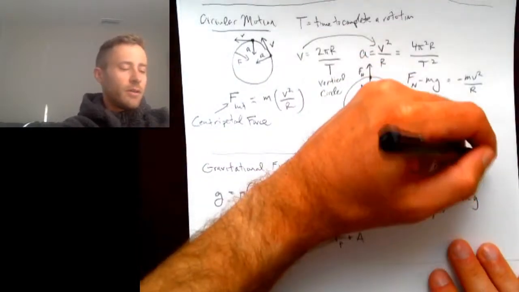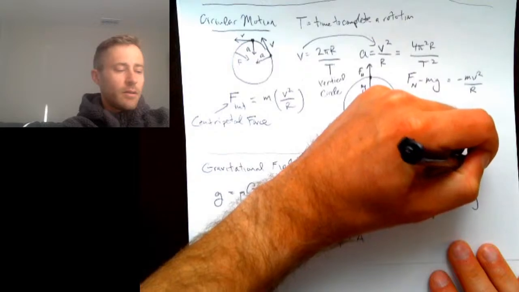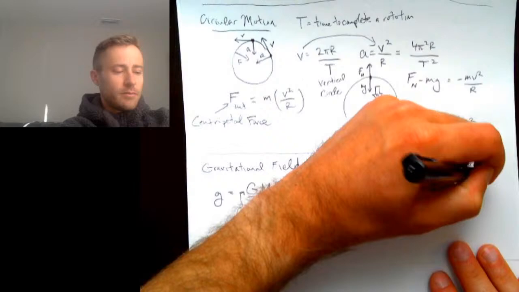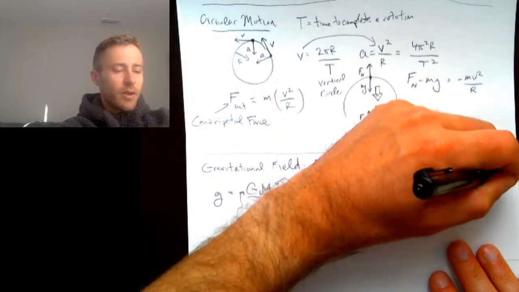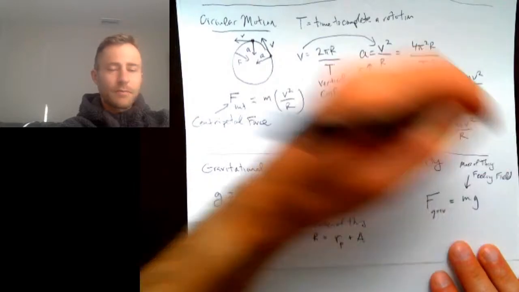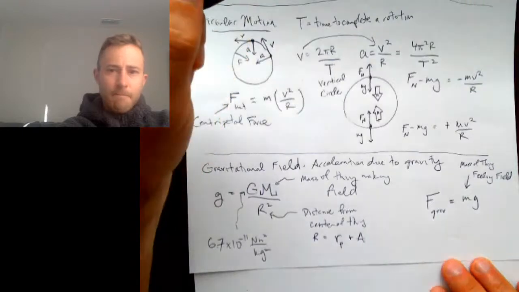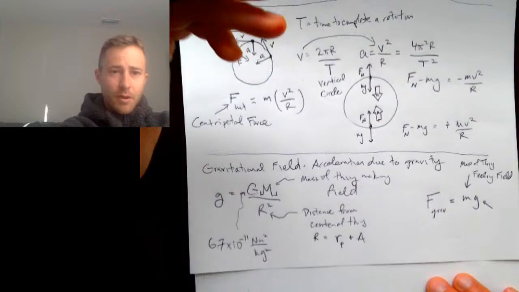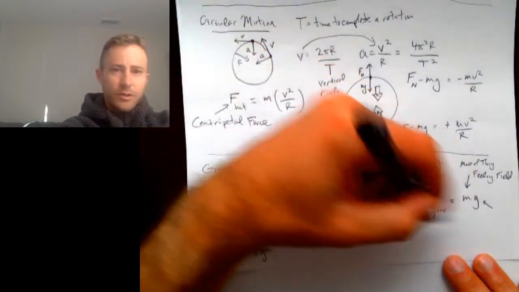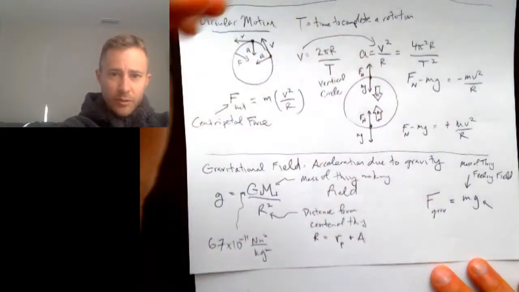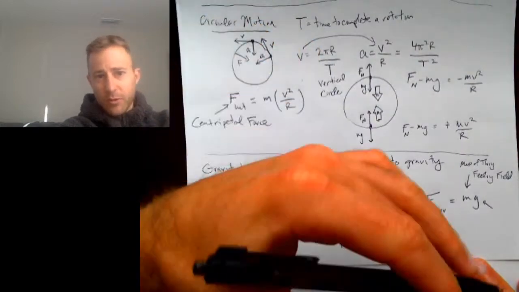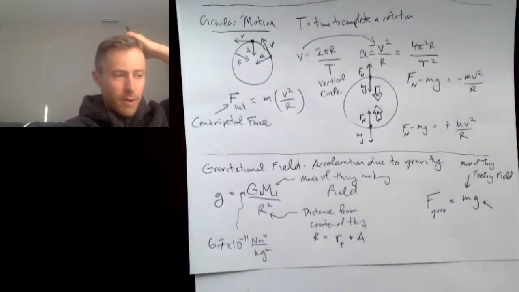This m is the mass of the thing feeling the gravitational field, and this is the field that it experiences. So it's the same equation as the equation for weight force, because gravitational force and weight force are synonymous terms.